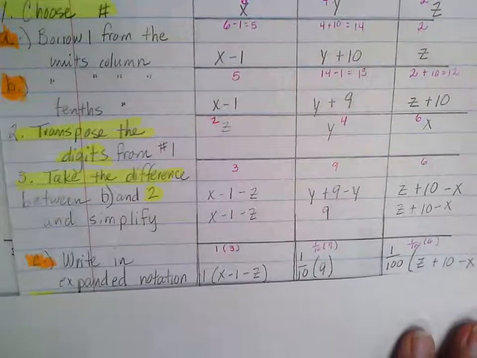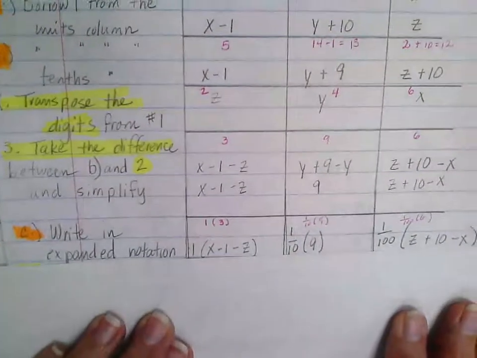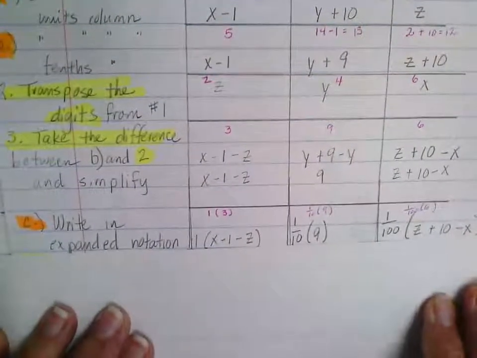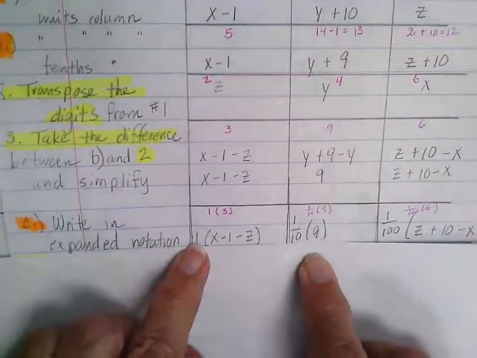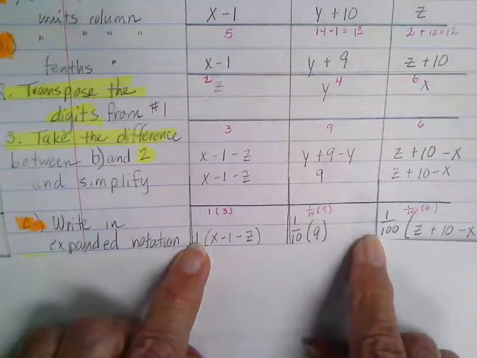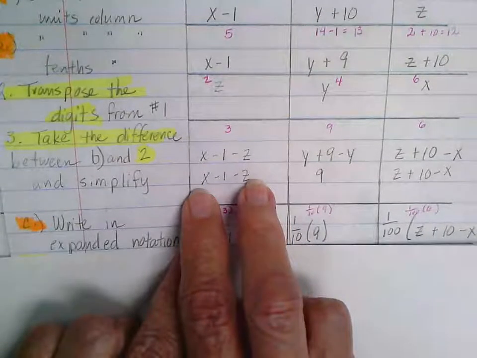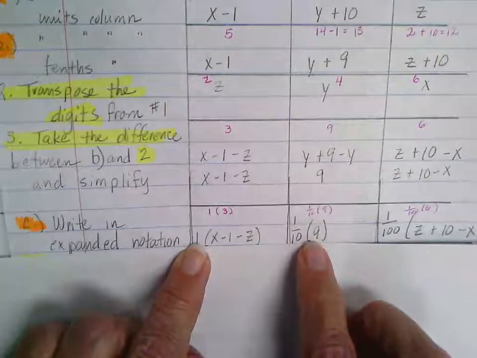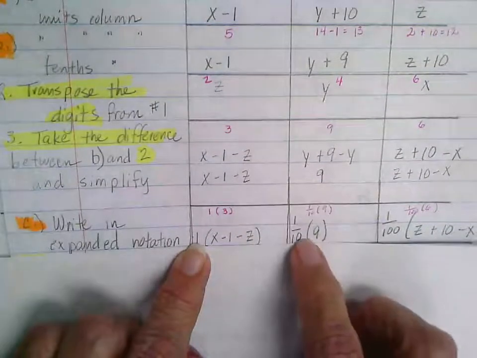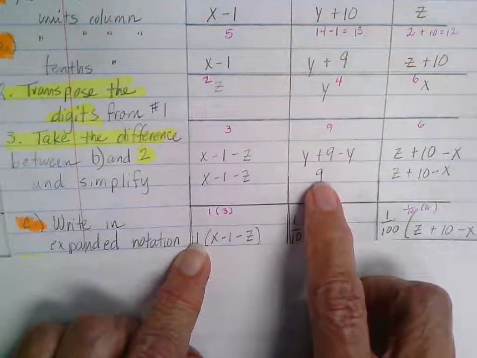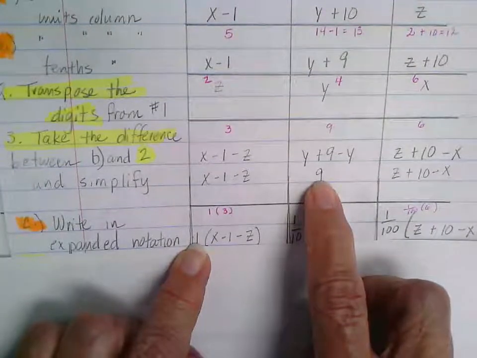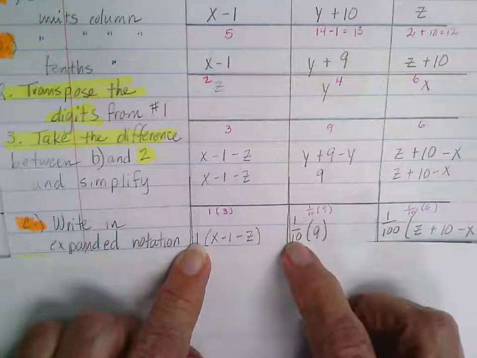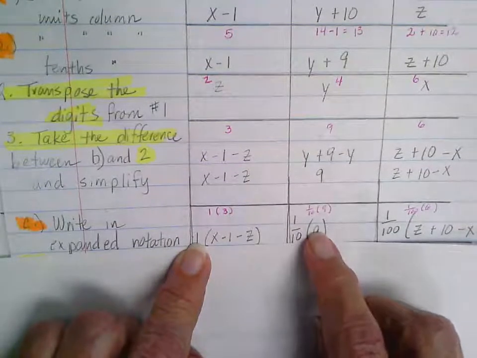Next part, write in expanded notation. So what that wants us to do is to take the place value representation and the algebraic representation and write down what this actually would be, because so far we haven't accounted for the place value here. So at this point we're saying, well, this isn't really 9, it's 1/10 times 9.